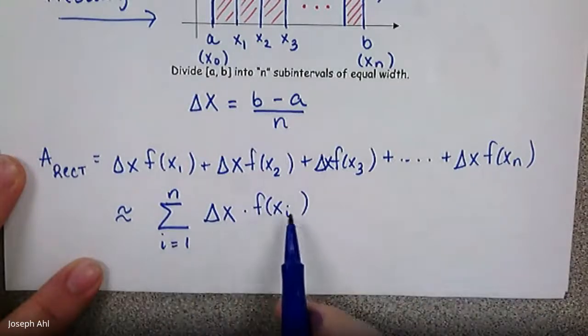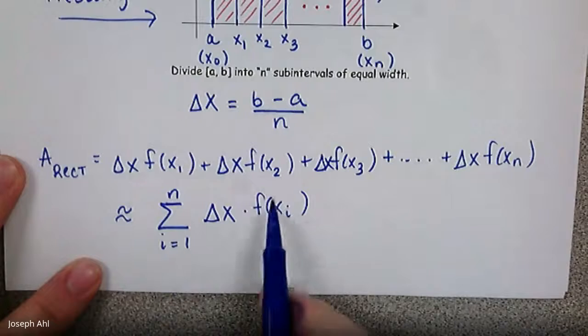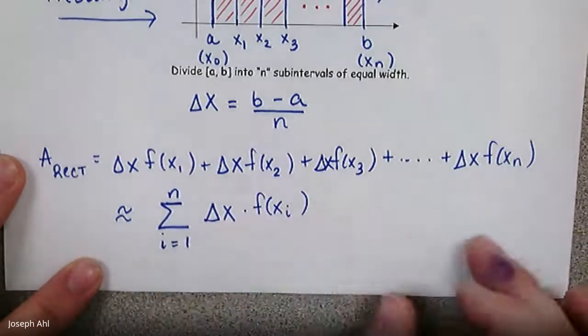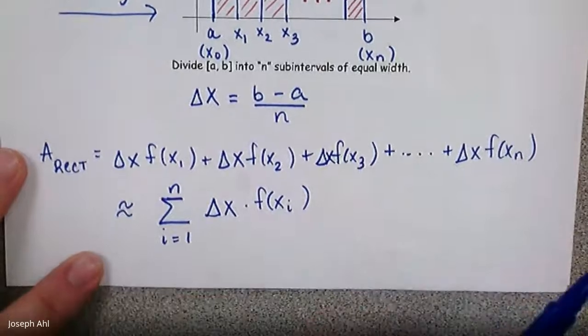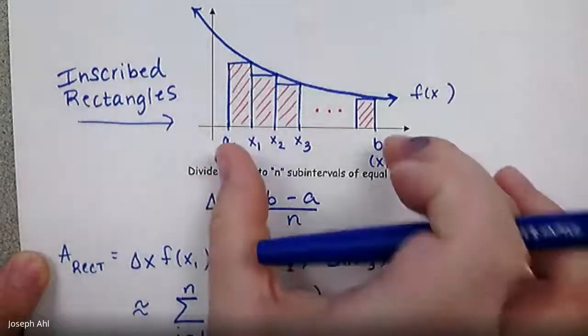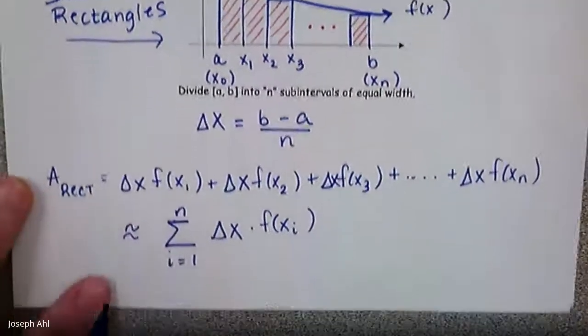So starting at i equals 1, we'll go to x sub 2, x sub 3, until we get to the nth rectangle. We're going to take those areas, add them up, and that will be the approximate area under the curve y equals f of x on the interval from A to B.